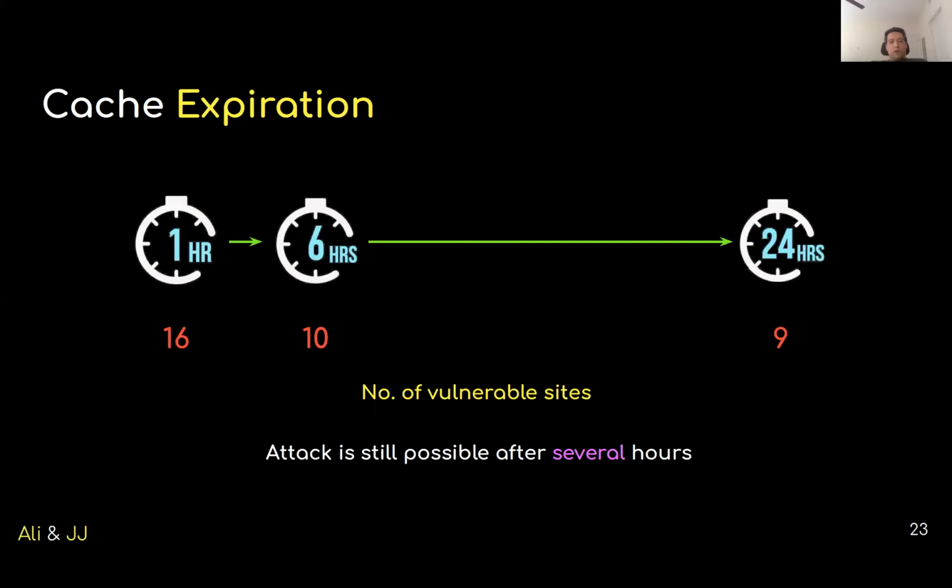Okay. Another notable observation that we had is that web caches typically store objects for a short amount of time. It means attackers have a limited window of opportunity to launch a successful web cache deception attack. When we repeated the attack against the vulnerable targets with 1 hour, 6 hours, and 1 day delay for the 19 websites that we studied, only 16, 10, and 9 were exploitable in each case respectively.